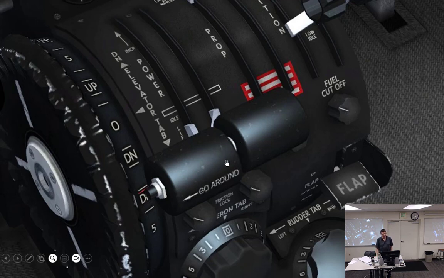But I believe most planes have a WOW or weight on wheels switch. I like to call it a squat switch because I don't want to say wow. A squat switch is a micro switch on the landing gear. When the landing gear touches down and the weight of the aircraft comes down, the scissor links come down, and there's a little switch in there that senses that. And then it'll say, okay, now you can go into your beta range.